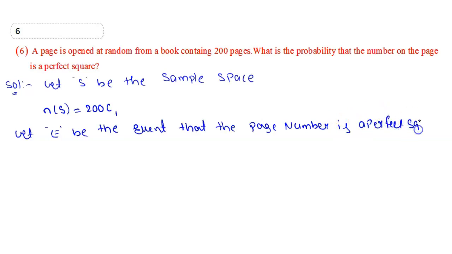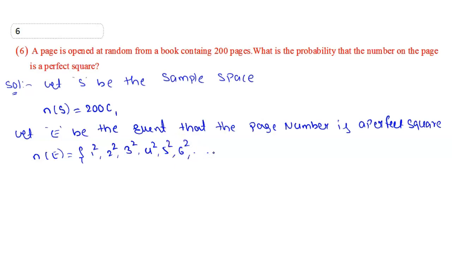So n of E is equal to the set of 1 squared, 2 squared, 3 squared, 4 squared, 5 squared is 25, and 6 squared is 36.